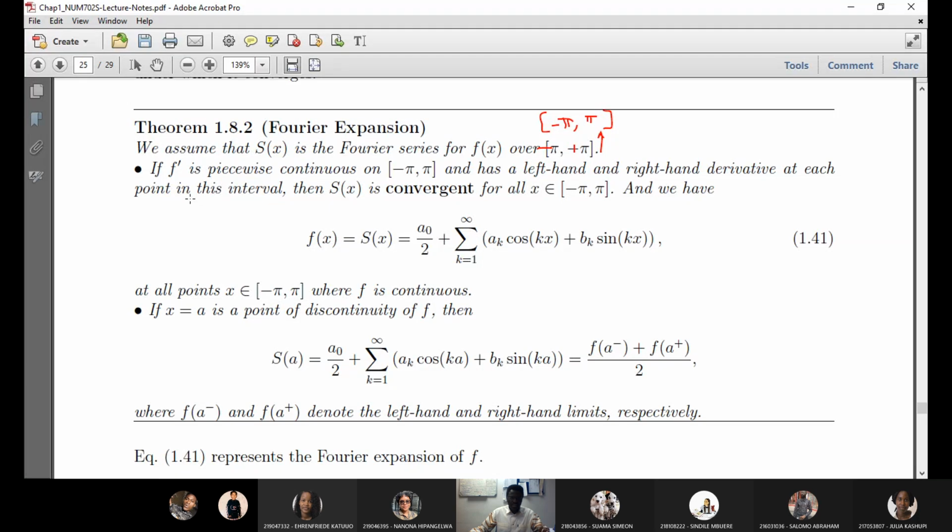So you see the condition here is about f prime. Originally, we know that f itself is piecewise continuous on the interval negative pi and of period 2 pi. That's the information we know about f. Now, we need an extra information on the first derivative of f for the convergence of the Fourier series S sub f of x.